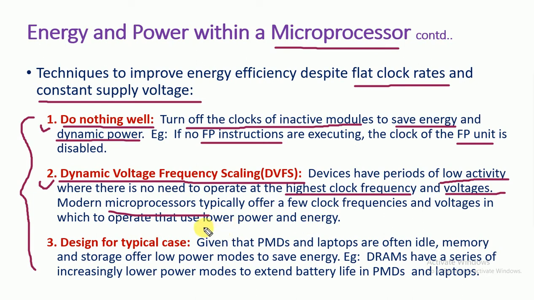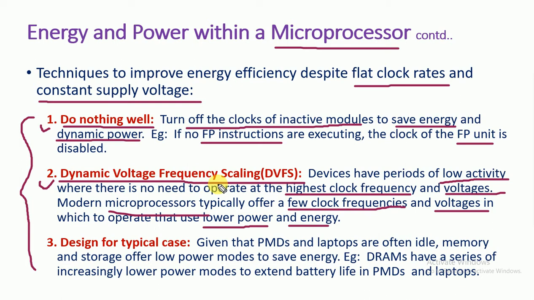For devices that use low power and energy, the processor automatically has the provision to use lower clock frequencies and voltages. So it is called dynamic voltage frequency scaling.